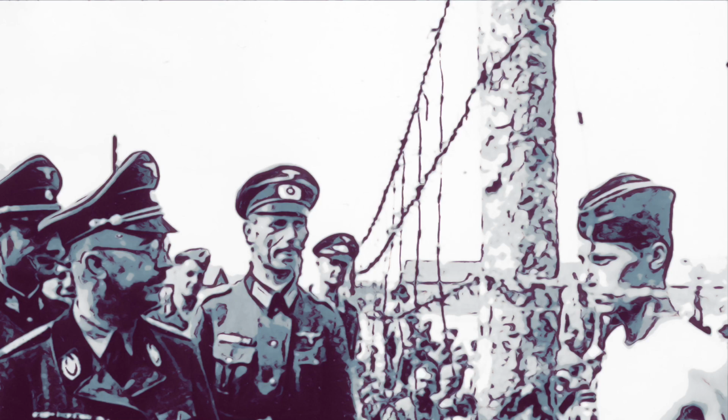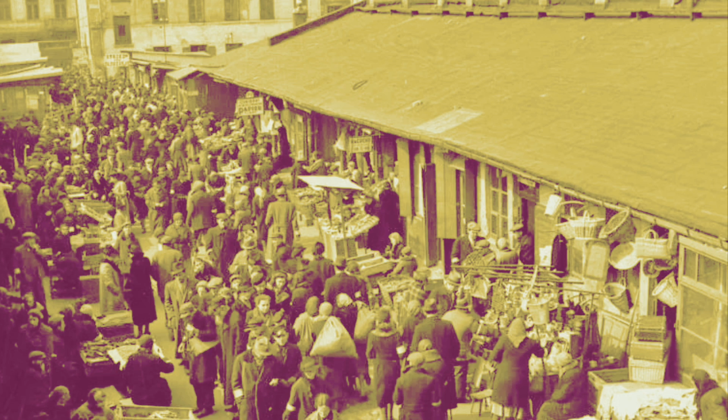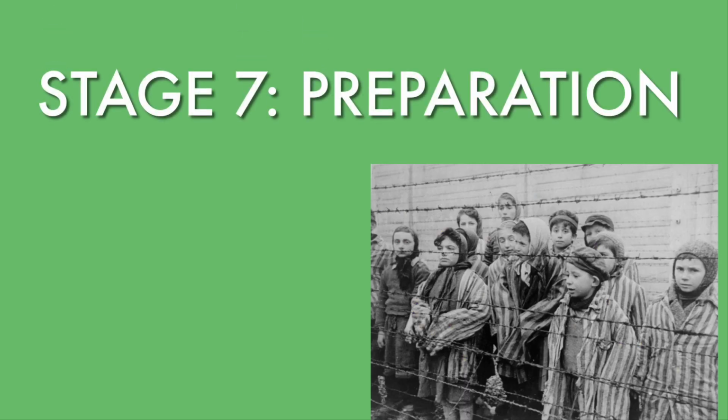The living conditions were miserable, people were put on starvation diets, and slave labor was the only means of survival. This stage is also when the Nazi Party began talking about plans for ethnic purification, a final solution to the Jewish problem in Europe. Next, they start to get ready to carry out the murder.